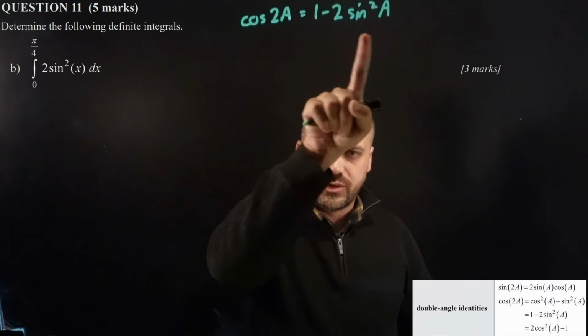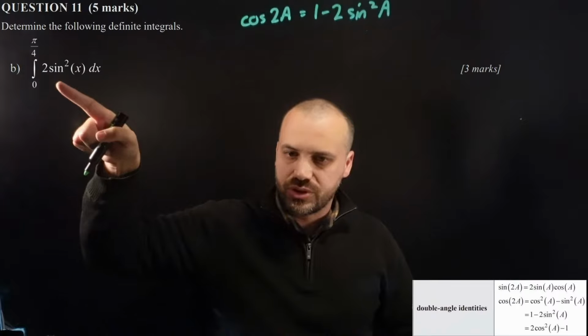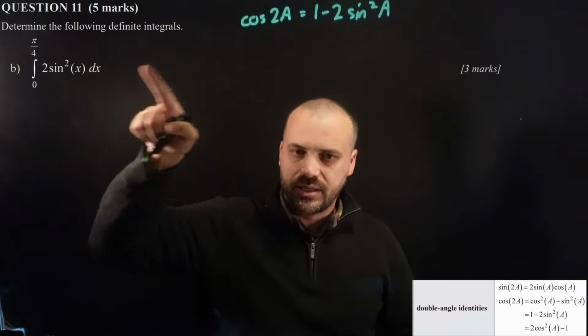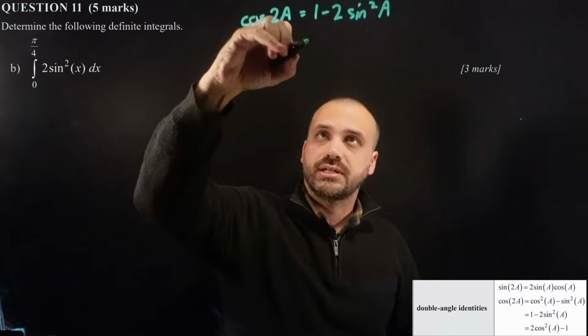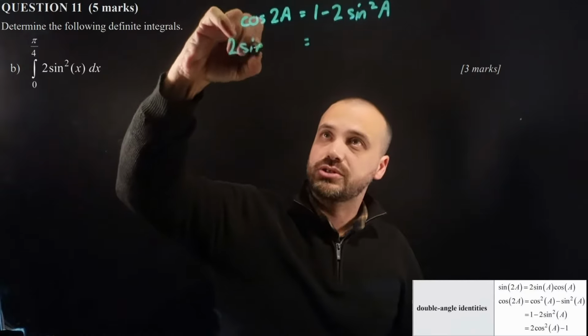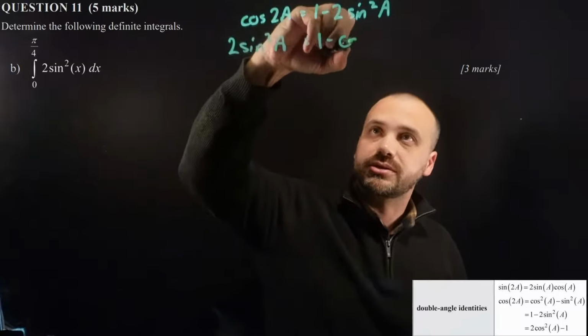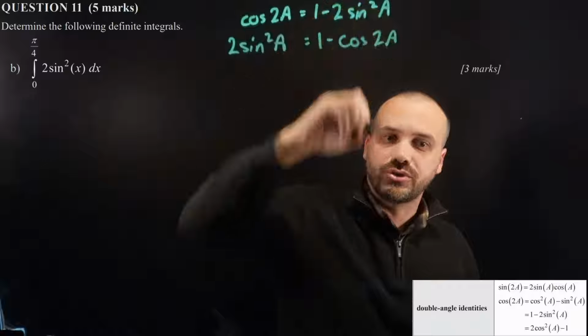Okay, not that useful to me though, because at the moment you can see I have this 2 sine squared a. So I just need to rearrange this a little bit. I might move all of this to this side to make it 2 sine squared a. And then it's going to be 1 minus cos 2a.